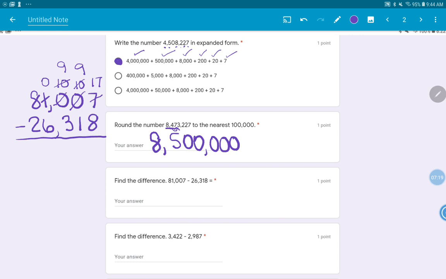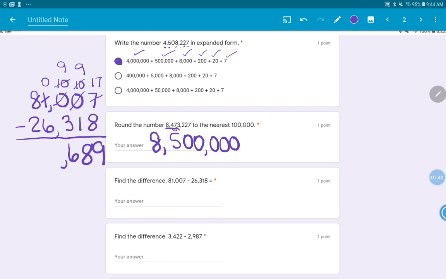So 17 minus 8 is 9. Now I have 9 minus 1 in my tens place value. That leaves me 8. Then if I go to my hundreds, I have 9 minus 3. That is 6.